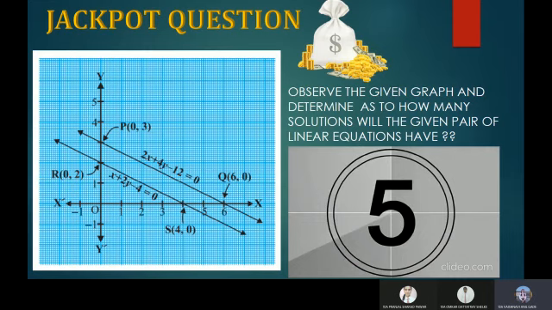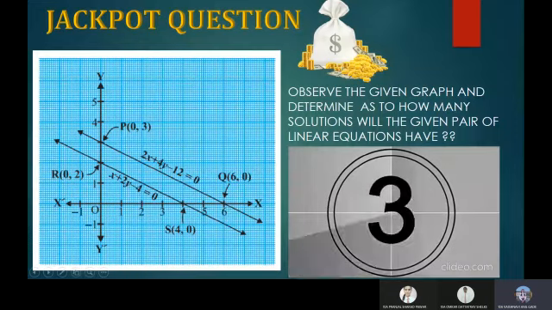So let's see what the jackpot question for today's session is. Are you ready? Observe the given graph and determine how many solutions the given pair of linear equations will have. So your time starts now. And the time is out.